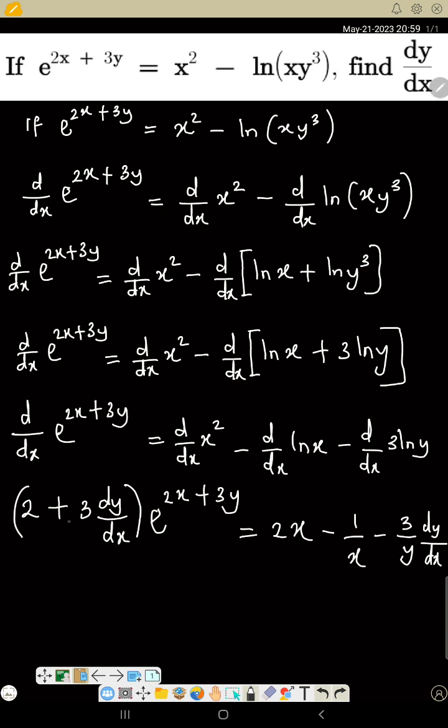So now use this e raised to power this to expand the brackets here.